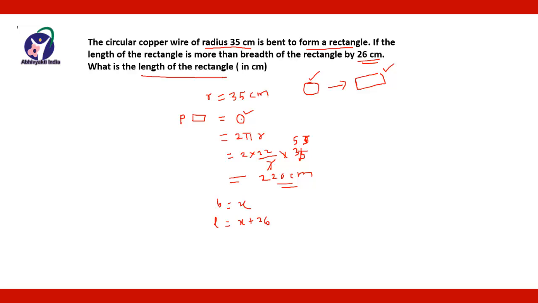The perimeter of the rectangle will be equal to twice into length plus breadth, so that is equal to twice into x plus x plus 26. So it will be 2x plus 2x plus 26, and so it will be 4x plus 52.